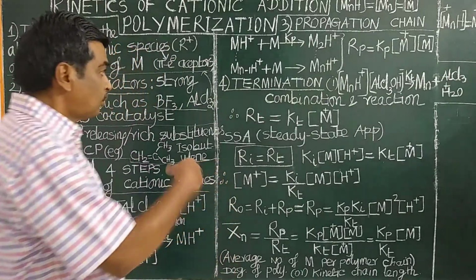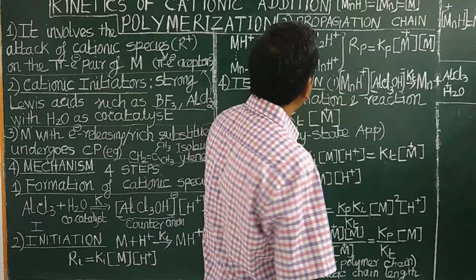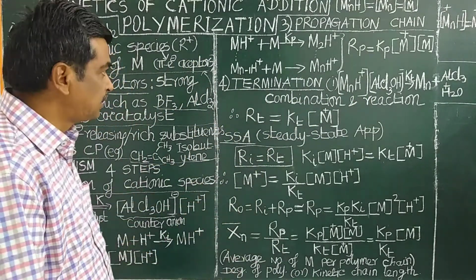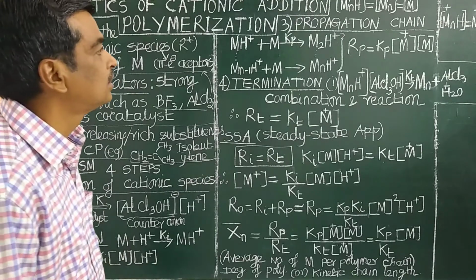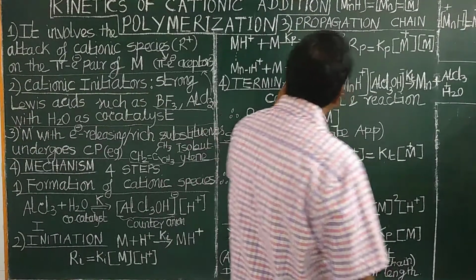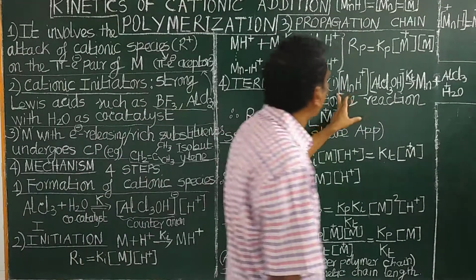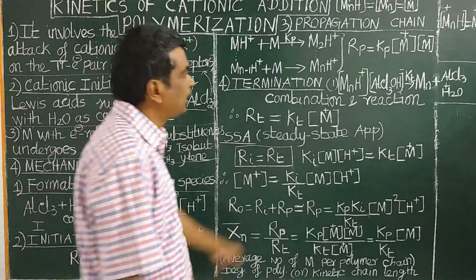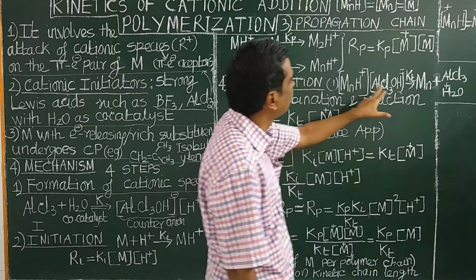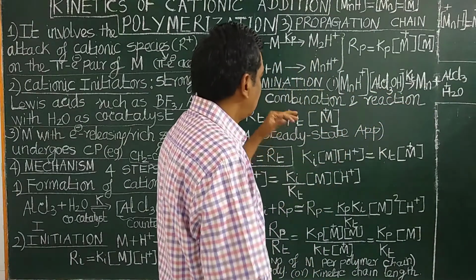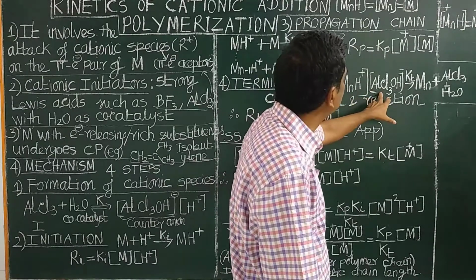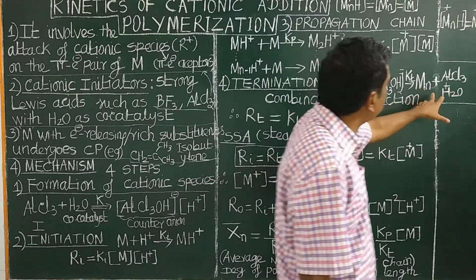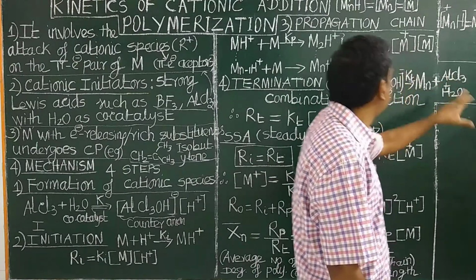The 4th step is called the termination step. In the termination step, there are 3 different termination possibilities. Let us see only a few here: combination of MnH plus, the polymer cation, and the counterion, and another possibility, the reaction between the polymer cation and the counterion to give back polymer plus AlCl3 and water.